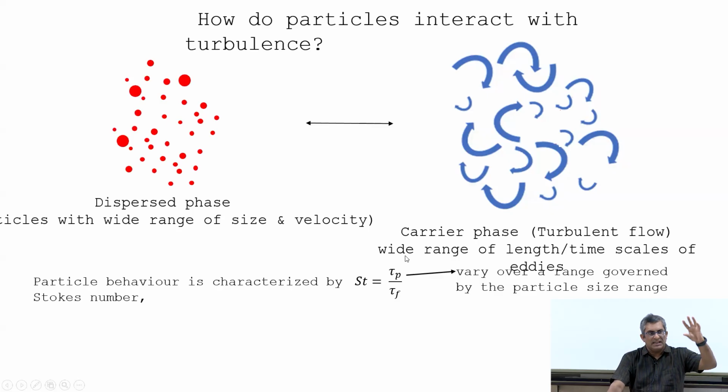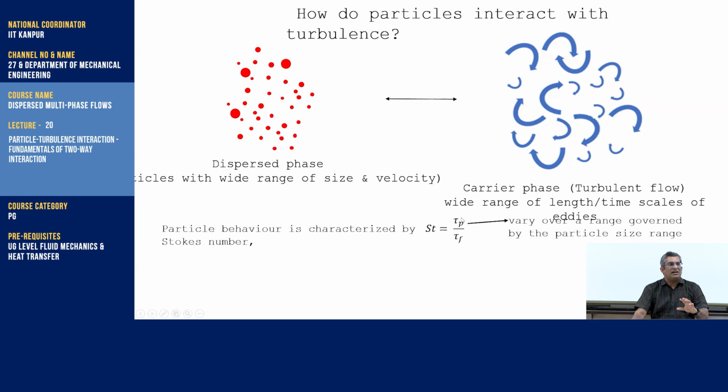So if you consider the laminar case, in that case we used to have a single or discrete time scales. So now if you consider a particle of a given size, its behavior is the same, but in case of turbulent flows, the question is which flow time scale should be used? What should be this flow time scale?